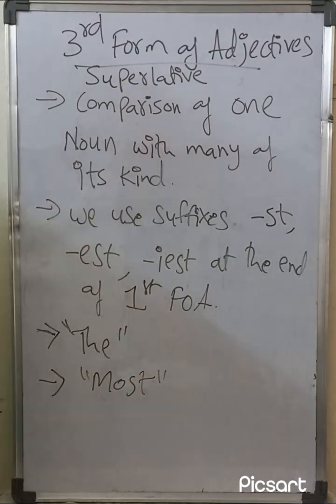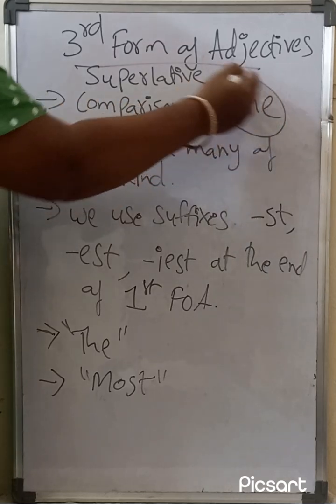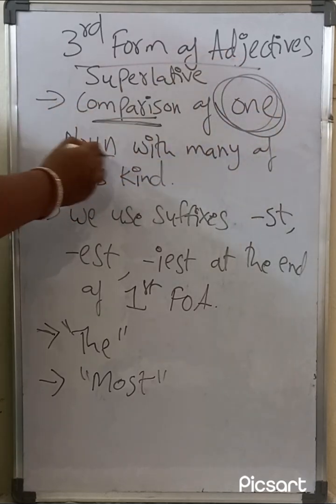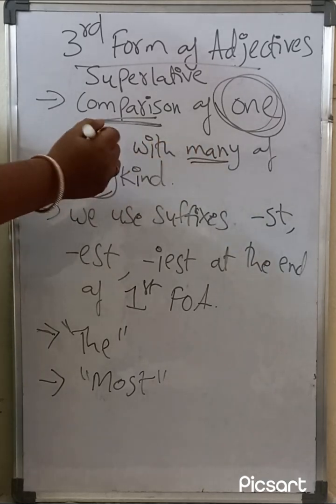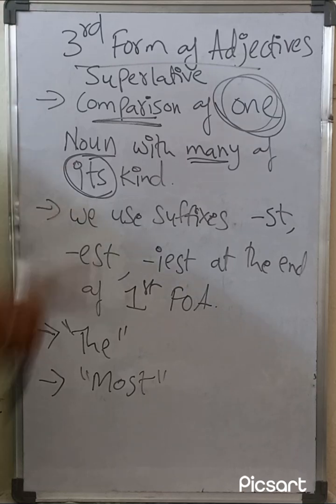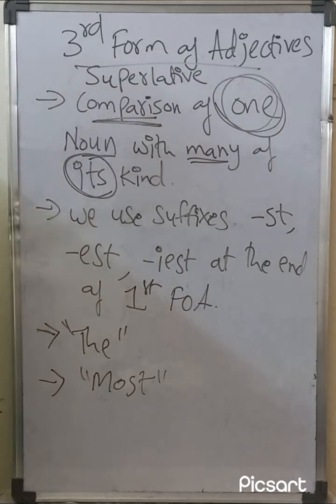Now let's see what we do in the third form of adjectives. We try to compare one noun with many of its kind. Maybe if we compare one student with the rest of the class, that is when we use the third form of adjectives, guys.